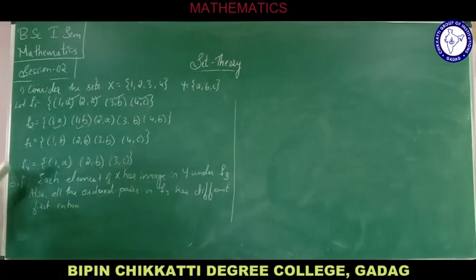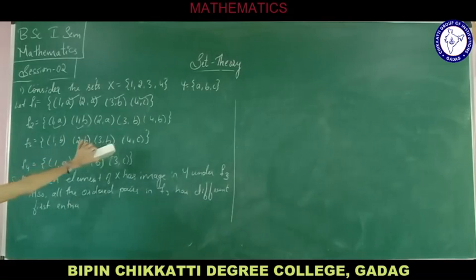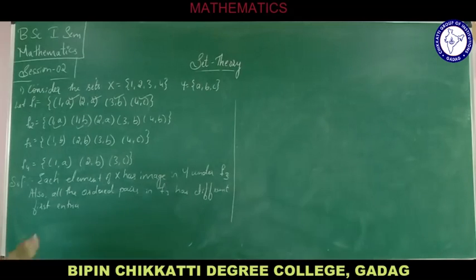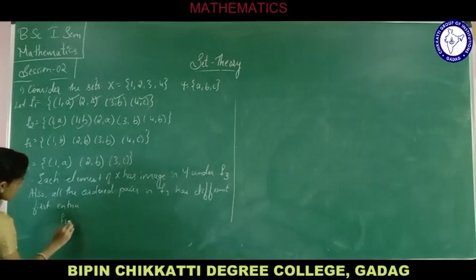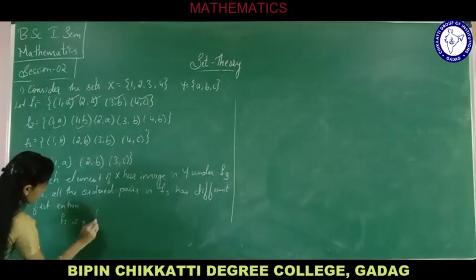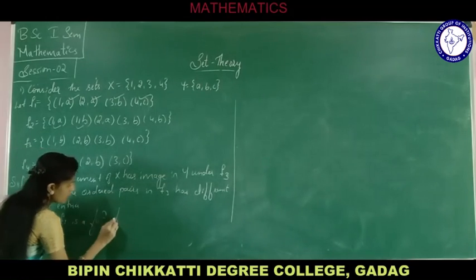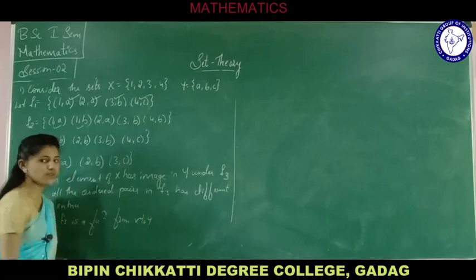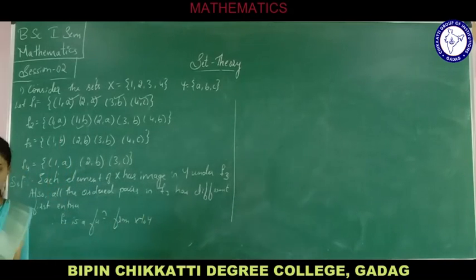See here, it is 1, it is 2, it is 3 and it is 4. All the first entries are different. Therefore, f3 is a function from X to Y. Now we got to know that f3 is a function from X to Y.